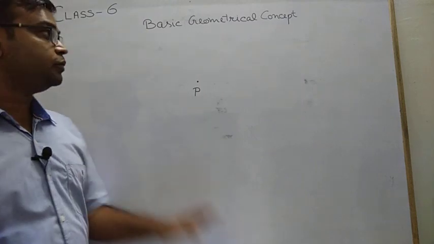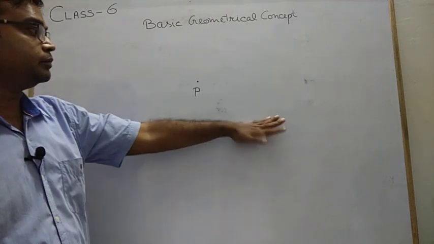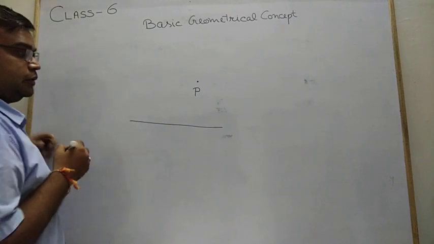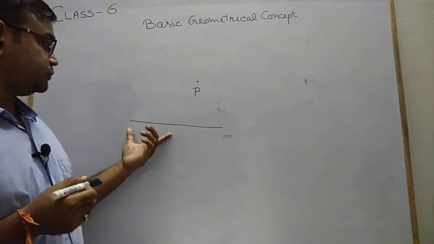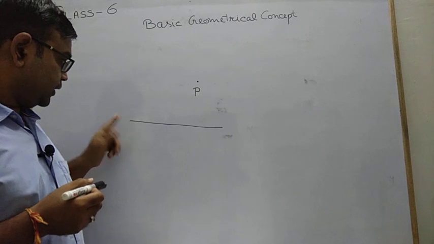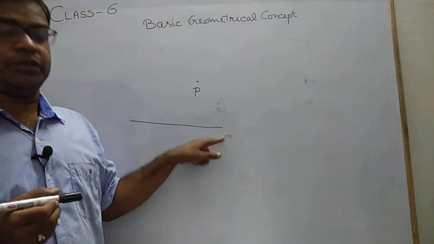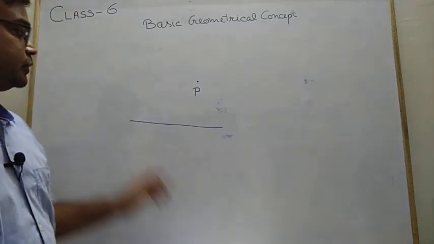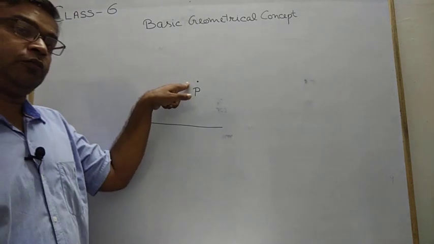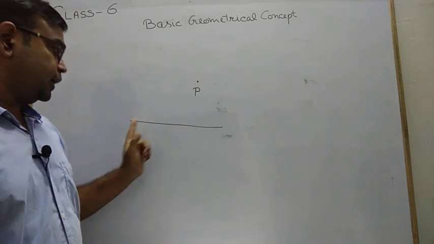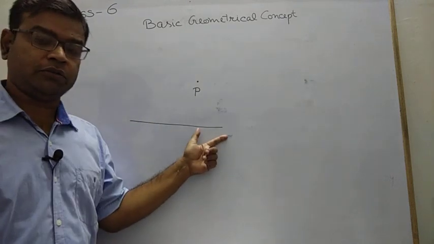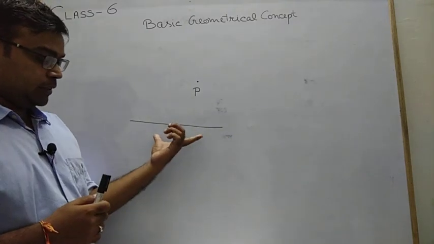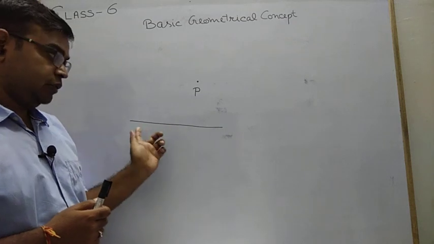Line: there is a path. Suppose this is our platform and we have a straight path like this. This path may contain various locations. In this case we have neither breadth nor thickness, only length. The basic concept of a line is straightness.